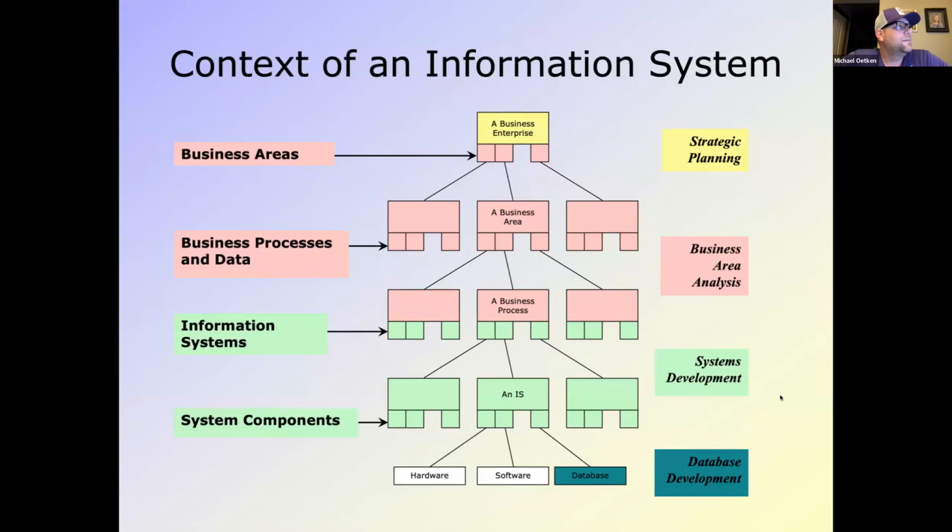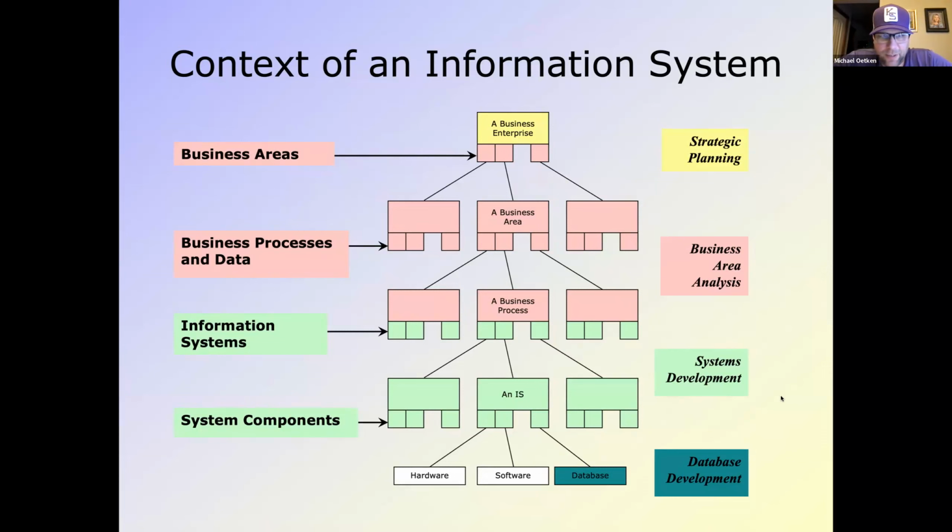If we take a visual approach to an information system and start at the top, there's the business enterprise. There's some strategic planning that goes in place at that level, and we'll go over that shortly. A lot of businesses have multiple business areas.